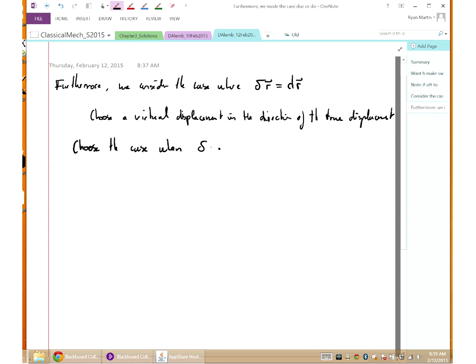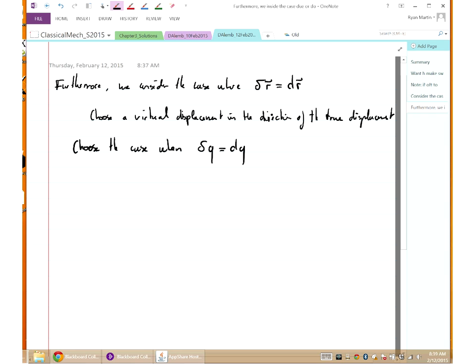So, more specifically, we choose the case when delta Q equals dQ. So we choose that the virtual displacement of the generalized coordinates is the true displacement of the generalized coordinates.